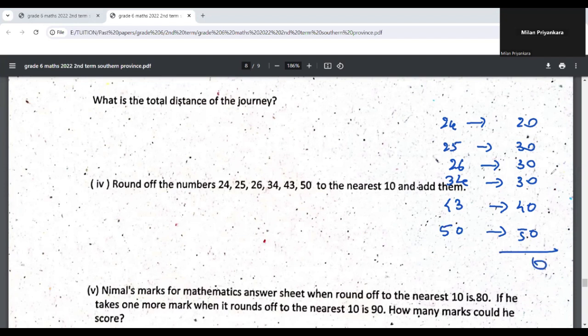So 20 plus 30 is 50, plus 30 is 80, plus 30 is 110, plus 40 is 150, plus 50 is 200. So the number is 200. You get 200 when you add the rounded off numbers, right?